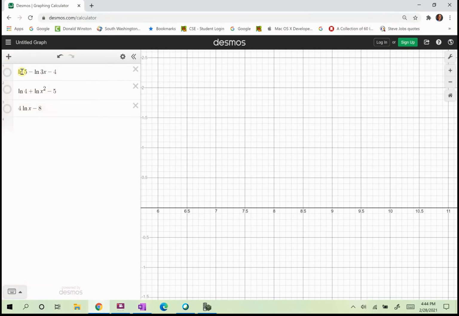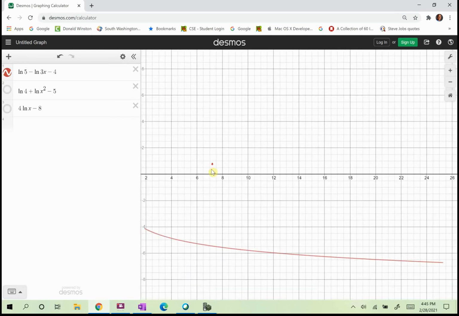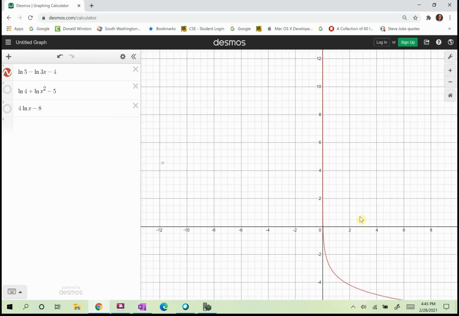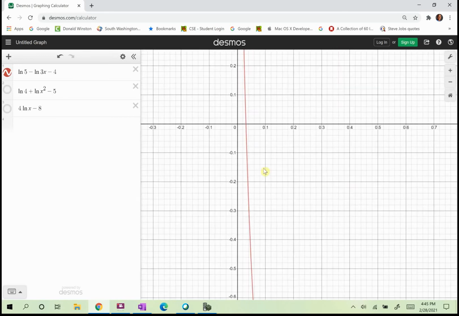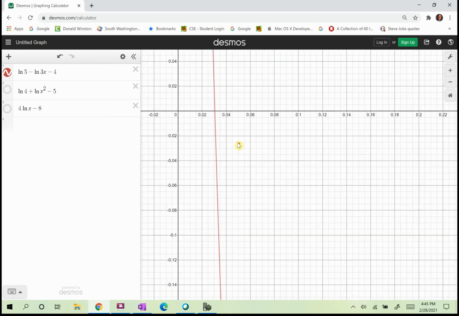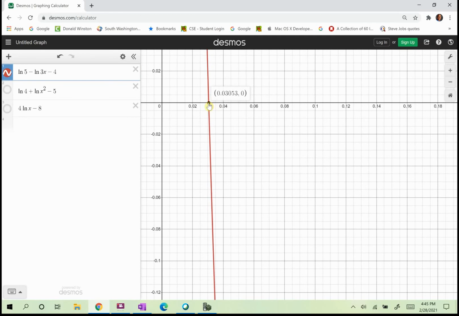When I graph that, I want to see where it crosses the x-axis. There it goes. It checks out, 0.0305. Good.